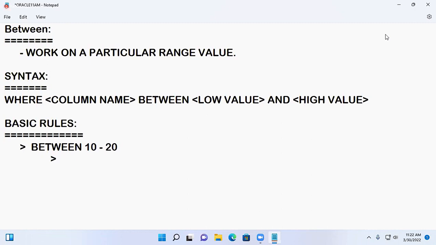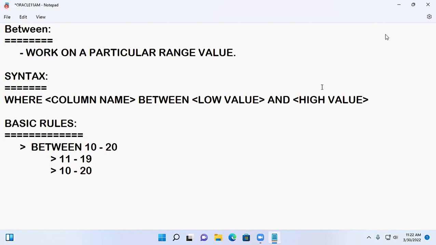What are the values returned, guys? 11 to 19, or 10 to 20? Which is the correct answer?